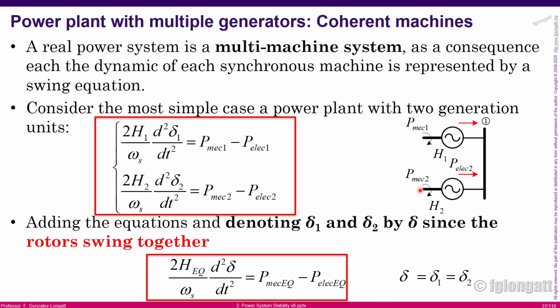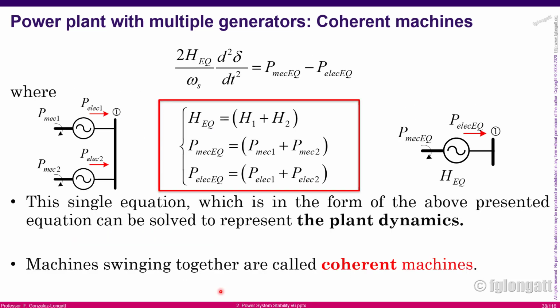Well, yes, if we have two synchronous machines connected in that way, we have two swing equations. I believe you can see that we can add this equation with the other equation. It's very simple, and we can obtain a single equivalent machine, okay? What will be the solution? Well, the inertia constant must be modified to represent the two machines.